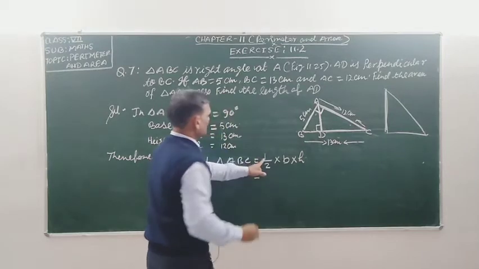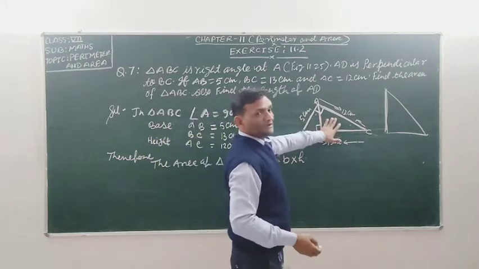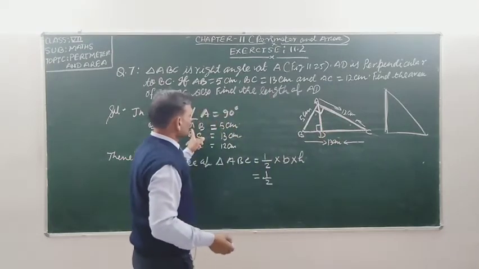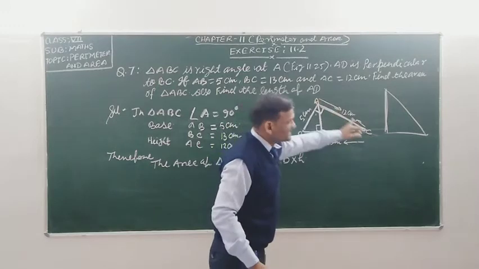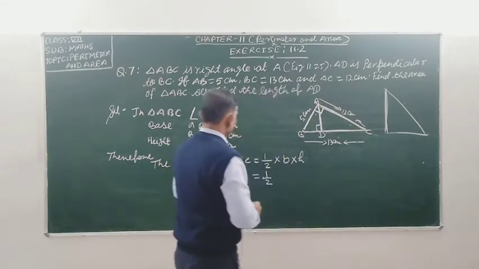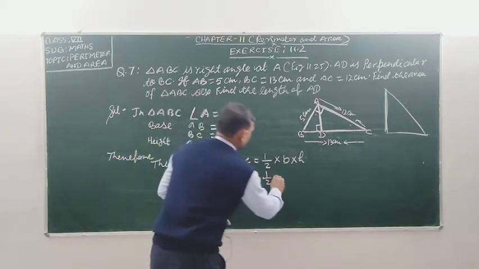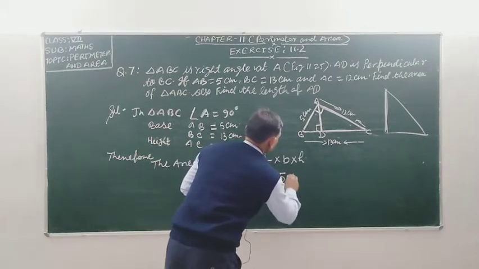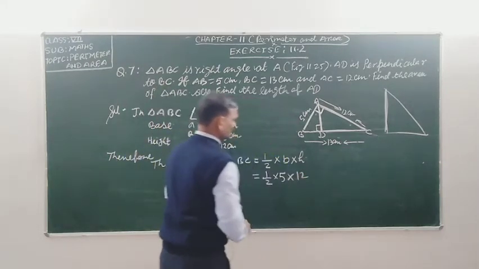If the base is AB, then the height of the triangle will be AC. So 1 upon 2 into base AB, 5 centimeter, into height 12.